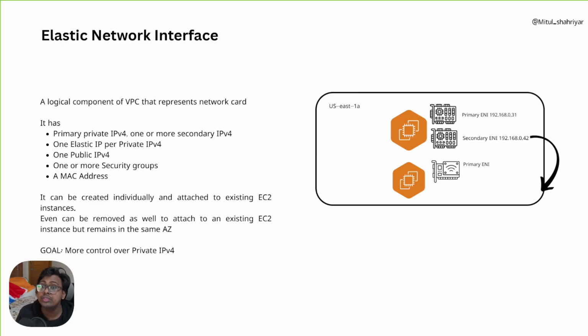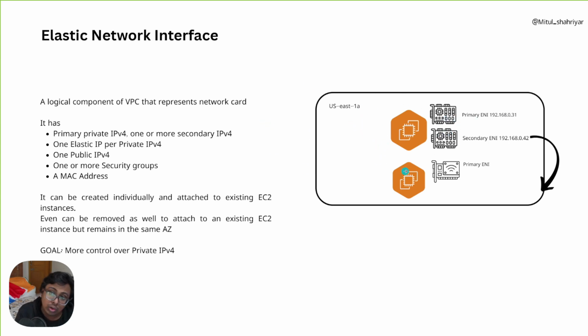We can also remove that and add it to another, but keep in mind that this ENI will be launched in an availability zone, and if we want to remove this ENI and attach it to another EC2 instance, surely the availability zone should be the same. That's why you can see there is an availability zone, and within that we have EC2 instances.